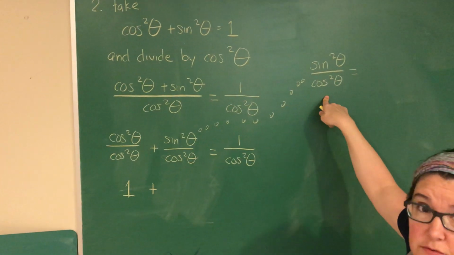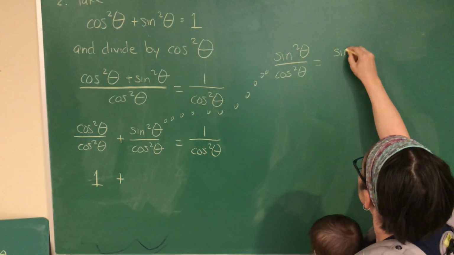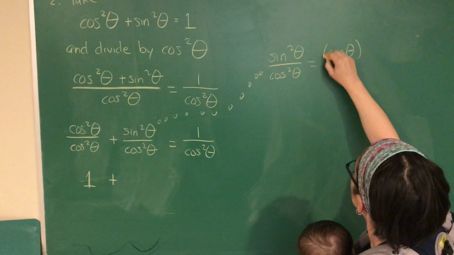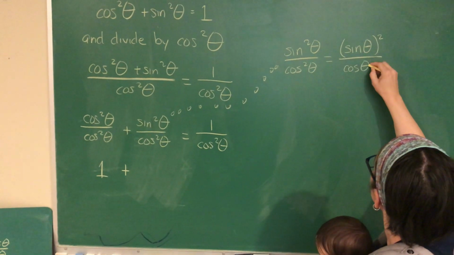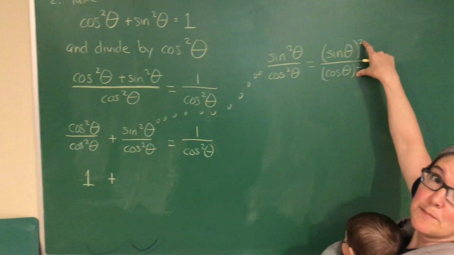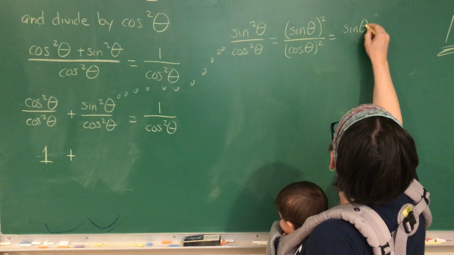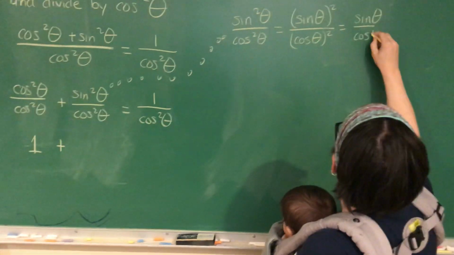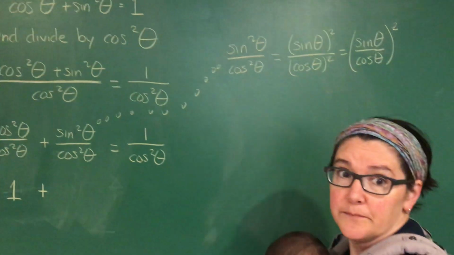That's the way the cool kids write your trig functions, with a square on the function. But what it really means is sine of theta squared over cosine of theta squared. And since both the top and the bottom are squared, I can rewrite this as sine of theta over cosine of theta, the whole thing being squared.